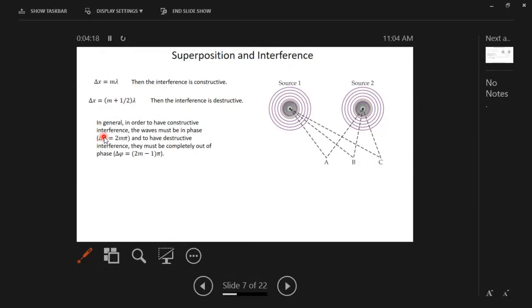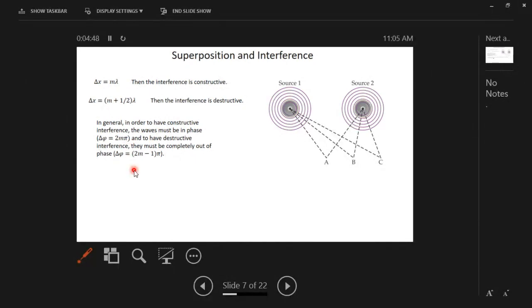In that case, you have to use the more general formula: interference is constructive if the phase difference is an even multiple of pi, and it's destructive if the phase difference is an odd multiple of pi. So these would include pi, 3 pi, 5 pi, and so on, and this would be 0, 2 pi, 4 pi, and so on.